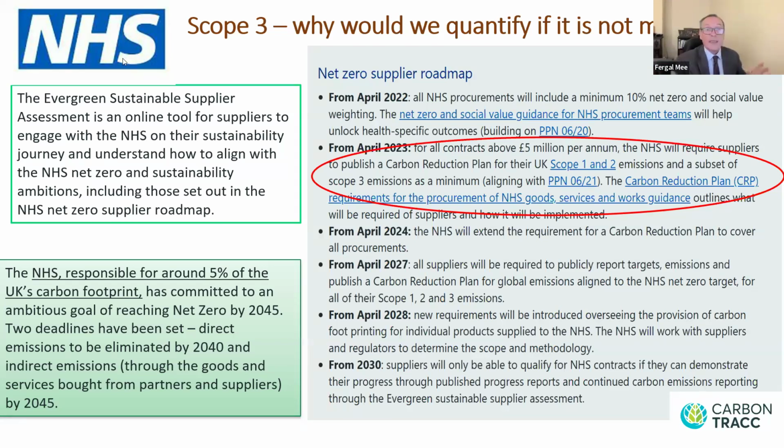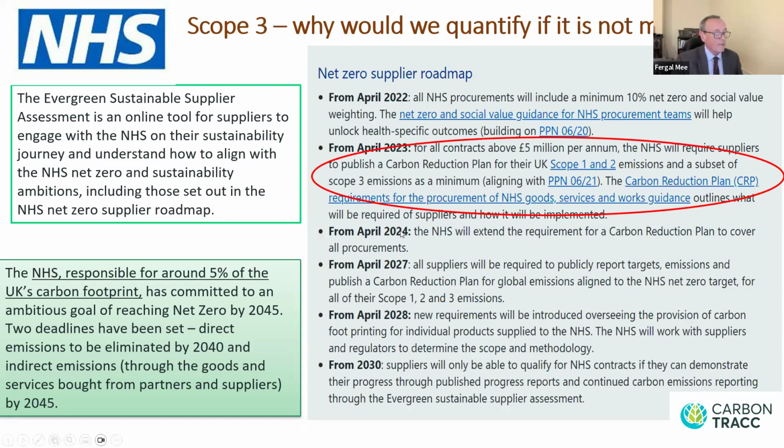Just Google PPN 0621 or Bing it or whatever you use, and it gives you the detail of what you must do to satisfy your Scope 1, Scope 2, and 3 reporting to get a contract worth more than £5 million per annum from the NHS.